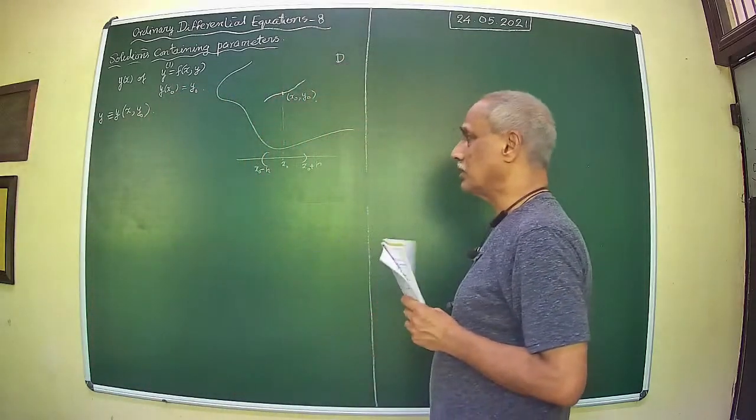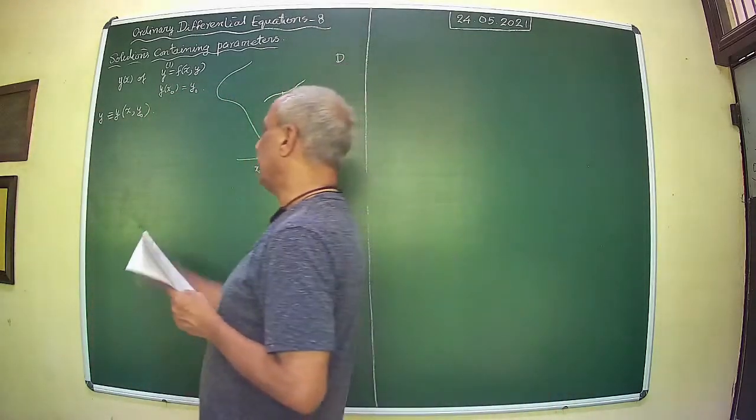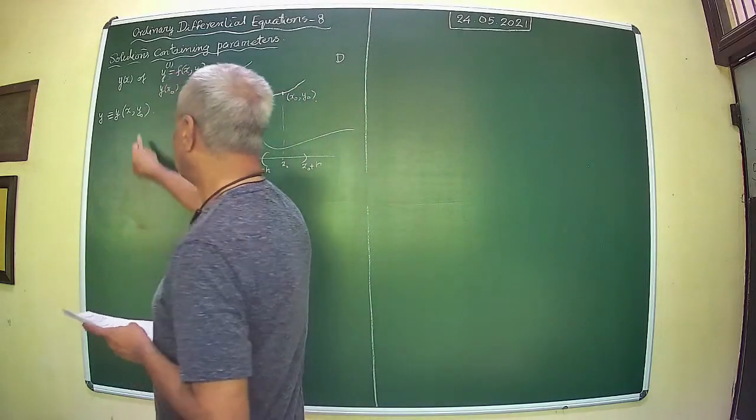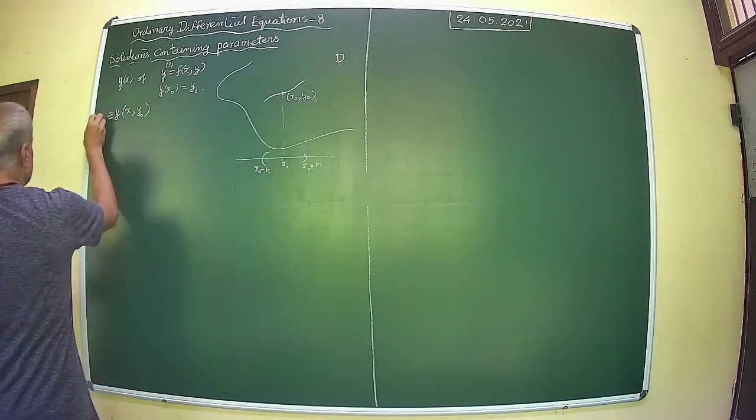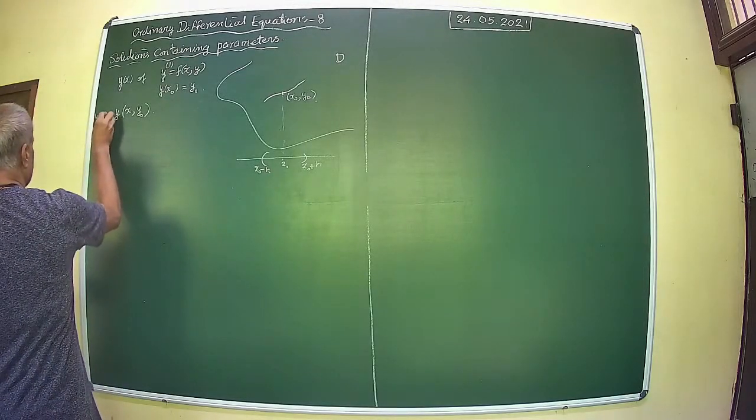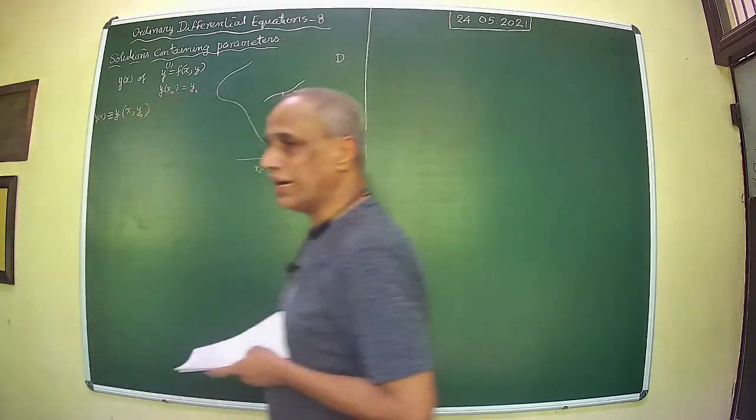That means that at x naught, the function y satisfies the condition y naught. So y naught becomes a parameter.